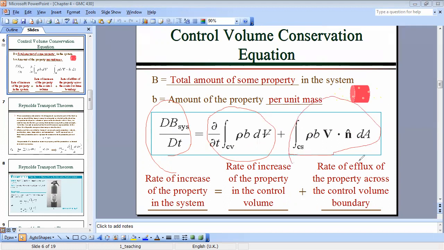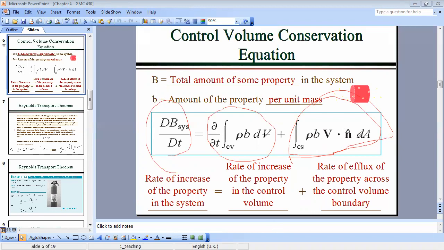This term, now we will see how we can demonstrate. We have seen that B1 and B2 are related to the rate of mass going in and out. So we can demonstrate that these terms can be replaced by the following: the integral over the control surface of rho b V dot n dA.